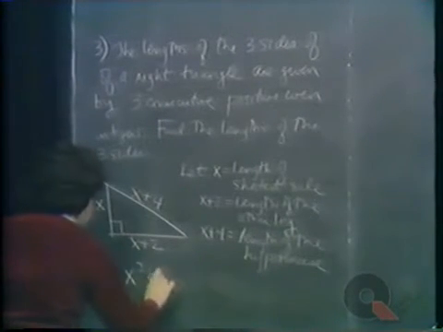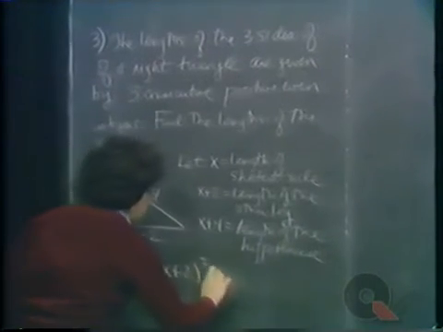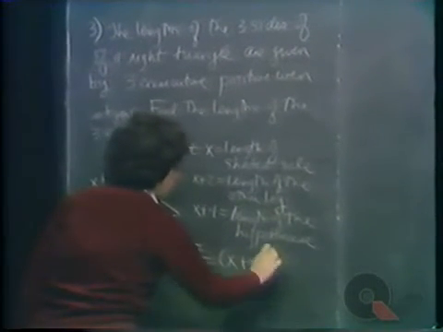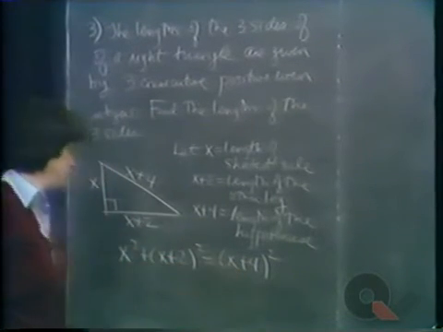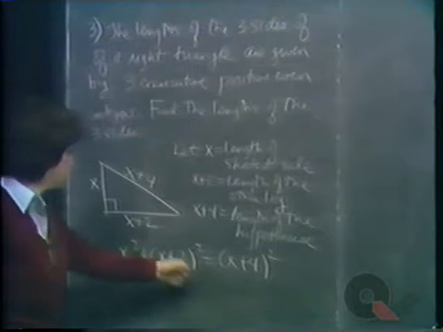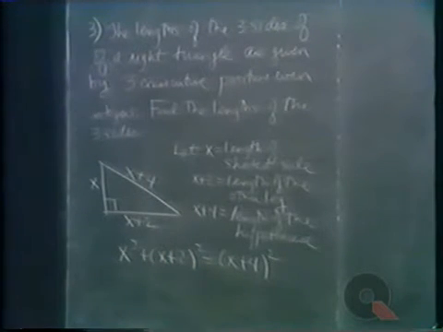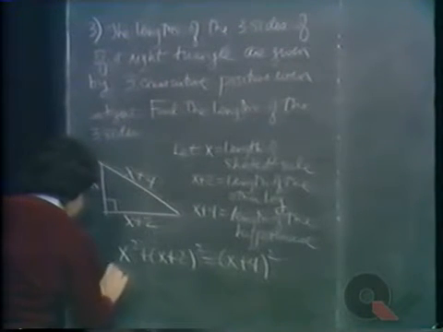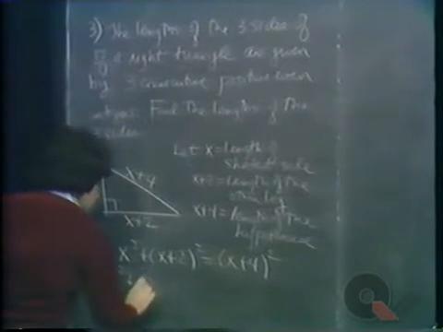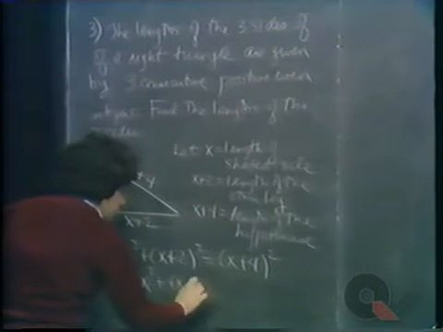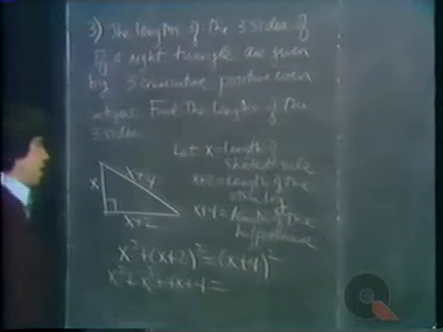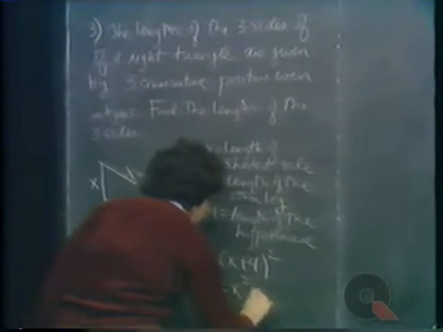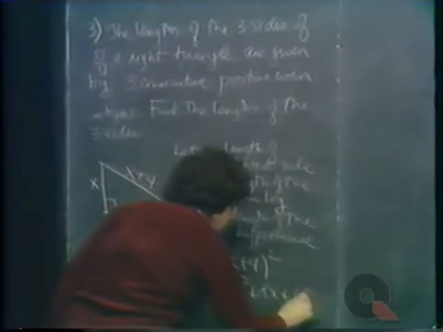x squared plus x plus 2 squared is equal to x plus 4 squared. The square of the longest side, the square of the hypotenuse, is equal to the sum of the squares of the other two legs. This gives us x squared plus 4x plus 4, expanding x plus 2 times x plus 2, equals x squared plus 8x plus 16.